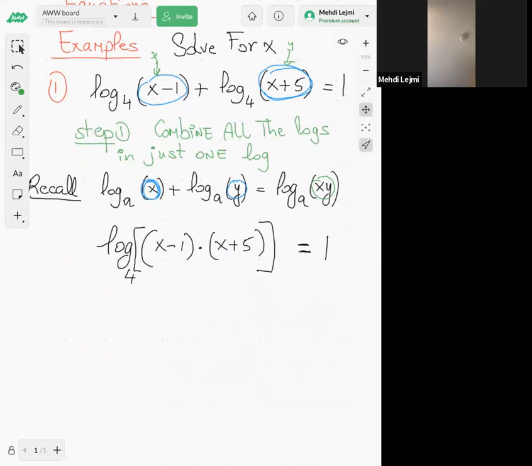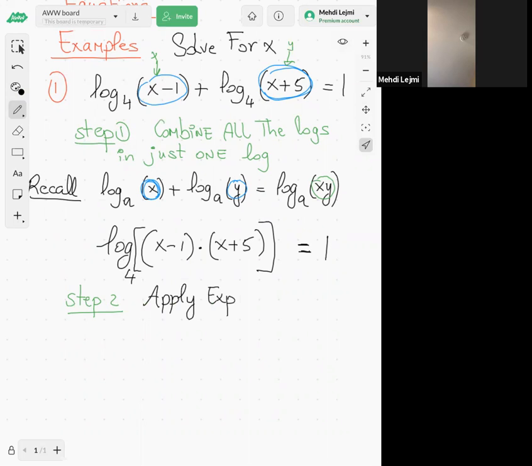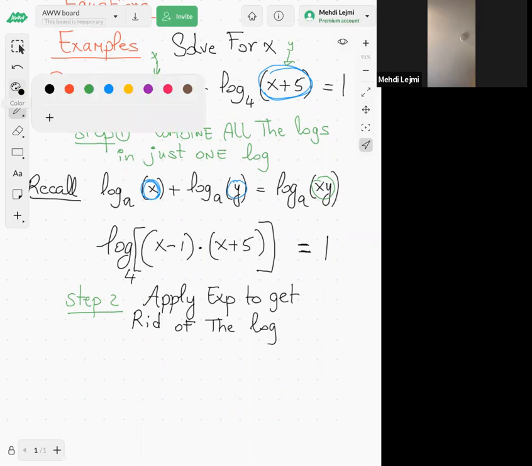So step 2 would be to apply the exponential to get rid of the log, as usual, as we did in the previous examples. So this is log in base 4, so I'm going to have 4 here.